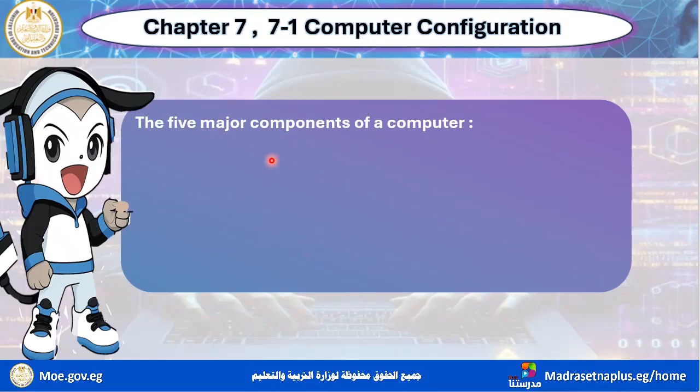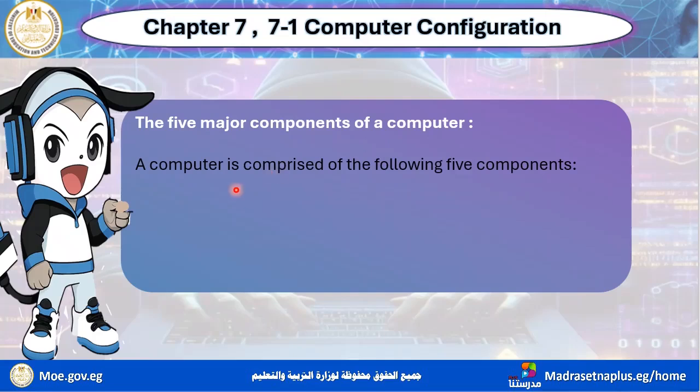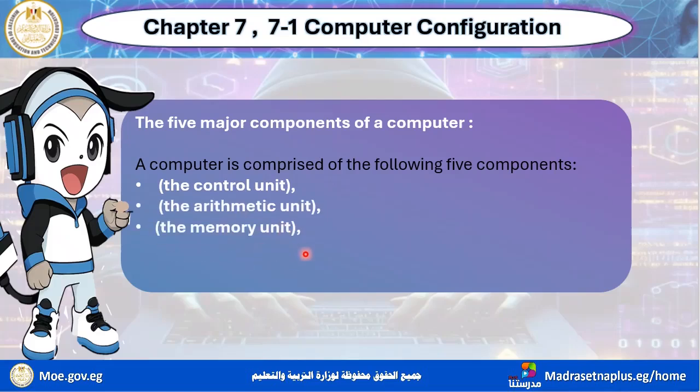The 5 major components of a computer. So a computer is comprised of the following 5 components. So any computer in front of you consists of these 5 major components, which are the control unit, the arithmetic unit, the memory unit, and the input and the output unit.